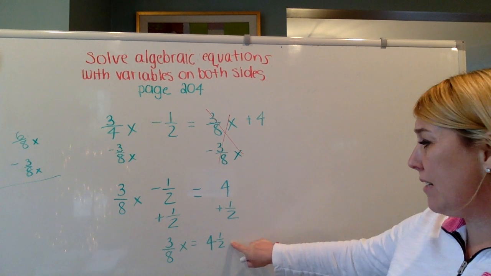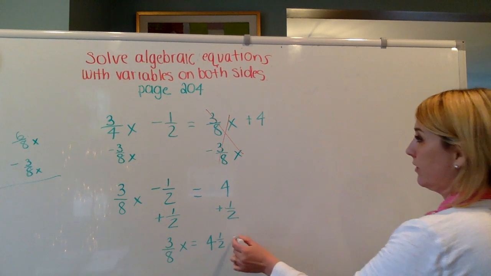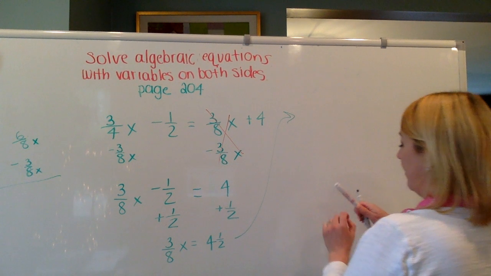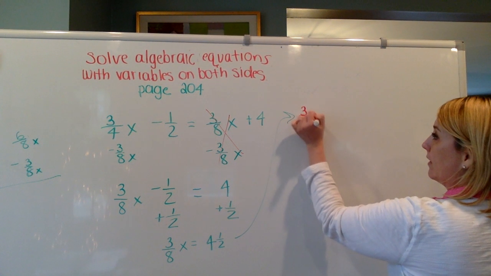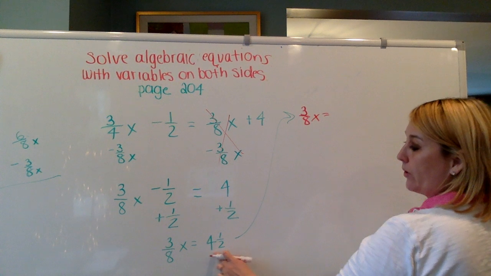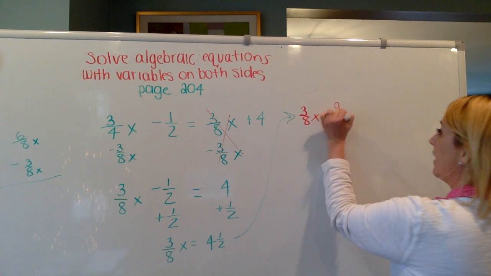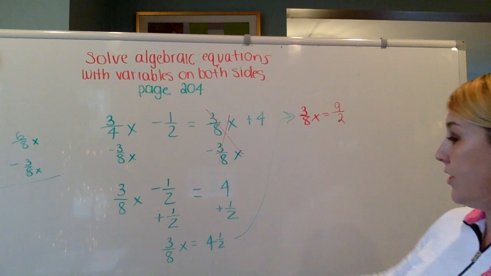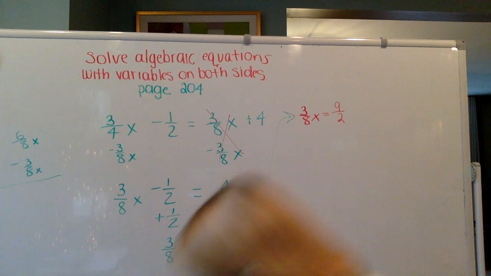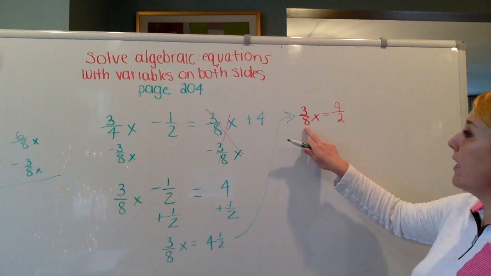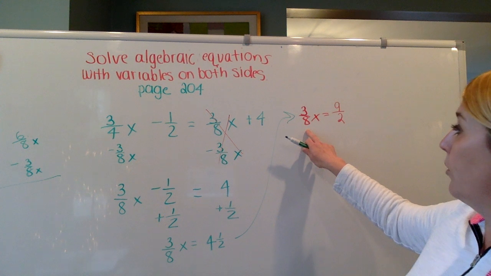Now, I am going to make that an improper fraction because that's just easier to work with over here. So 3/8 x equals 4 times 2 is 8 plus 1 is 9. So 9/2. So I just converted that because it's easier for me to work with improper fractions. So how do I isolate x when I have 3/8? This is multiplication, right?